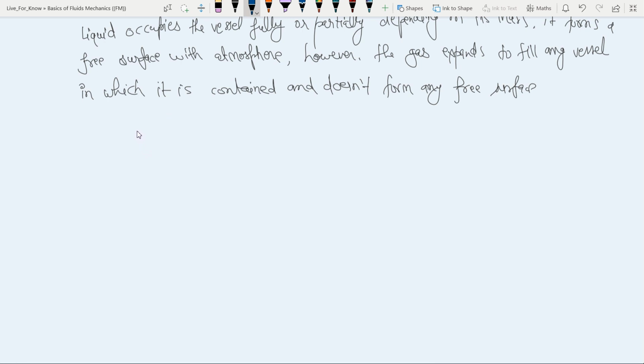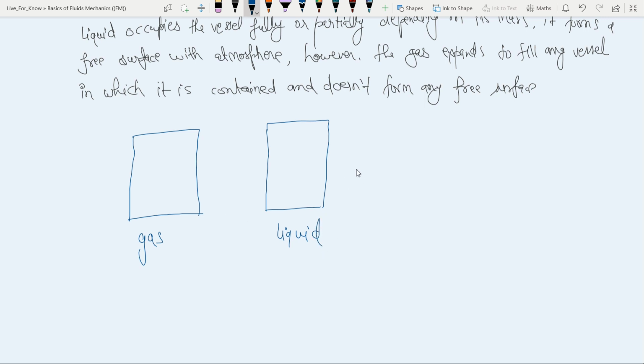I also make a figure for this, that we have two vessels. If we put some gas in it, it expands in the whole volume of the vessel and fills it.